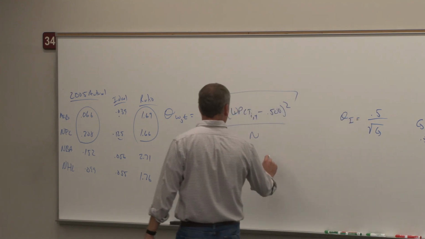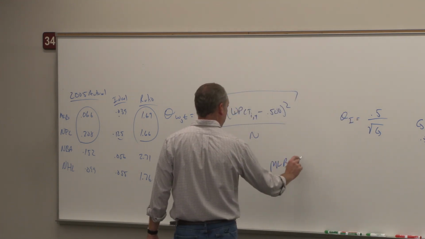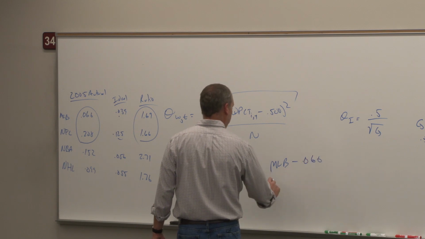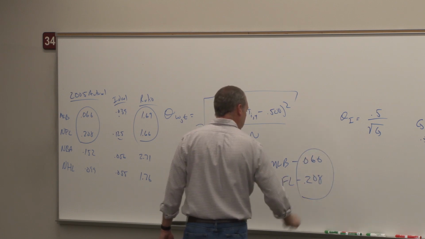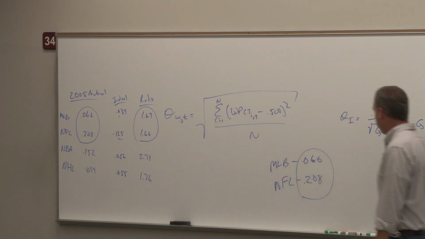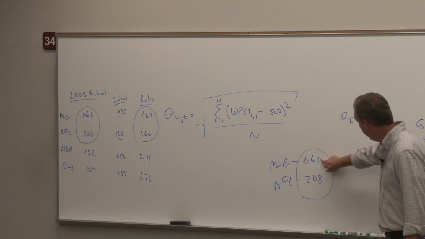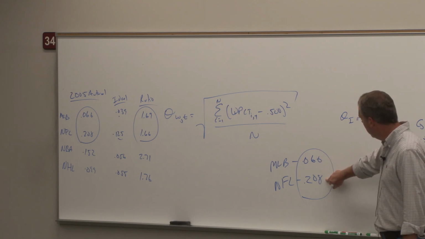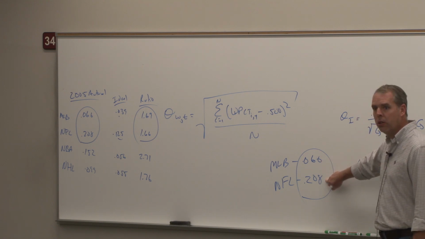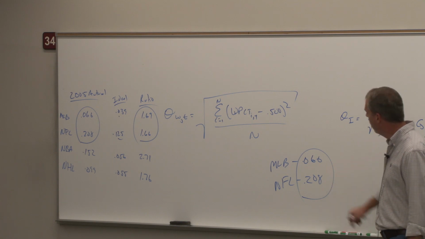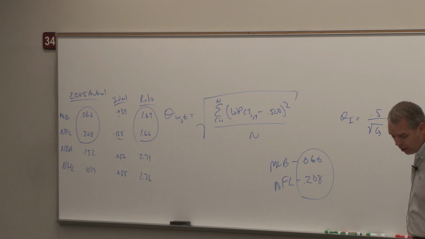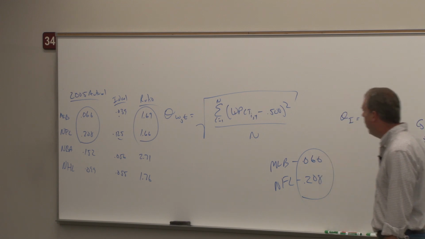And then you say, oh, okay, here's Major League Baseball, 0.066. Here's the NFL, 0.208. You just look at this guy, what stands out at you? I mean, this guy right here compared to there is what? 3 times as large, right? More than that, almost 4. So it would appear from just this number right here, hey, look at this.